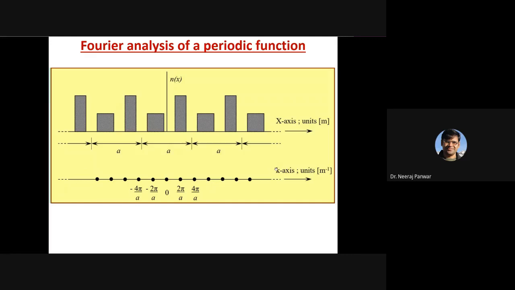And it is the k-axis. It is momentum space, reciprocal space, Fourier space, whatever you call it. Only these points are allowed because these are the solutions of the Fourier expansion. No solution exists in between the 2 points. And because it is the inverse of a, its unit is meter inverse.